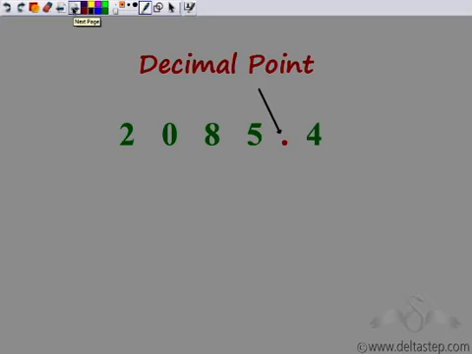Now this represents that the tenth position will start only after this decimal point. So this is 1, this is 10, this is 100, this is 1000, whereas this is a tenth. So only after the decimal point does the tenths place come into the picture. If there is no decimal point, then we do not have a tenths place.